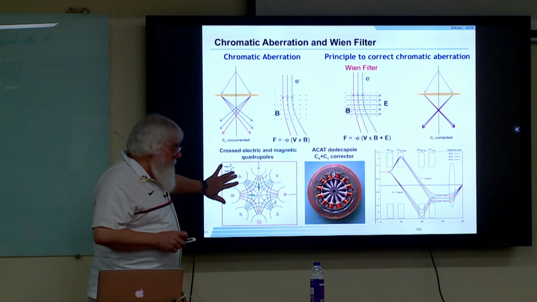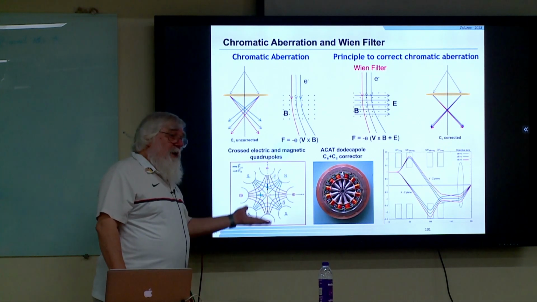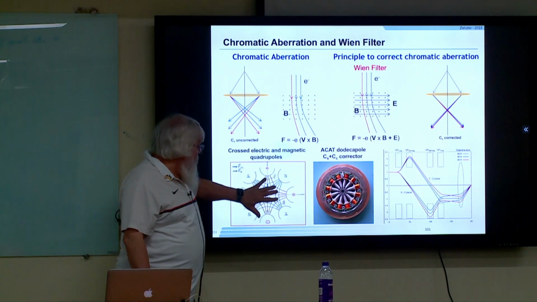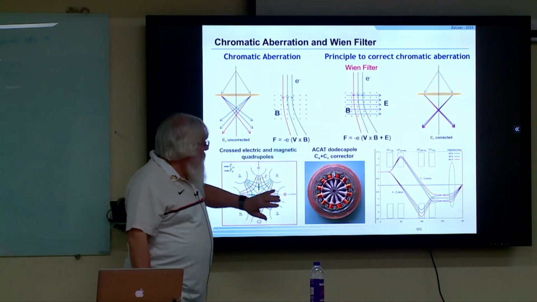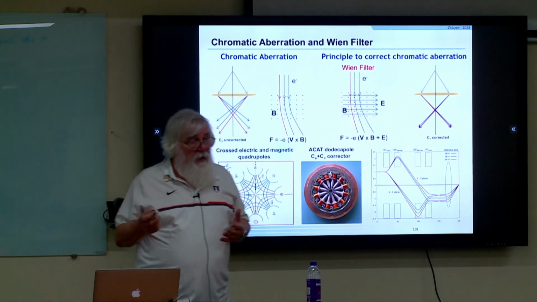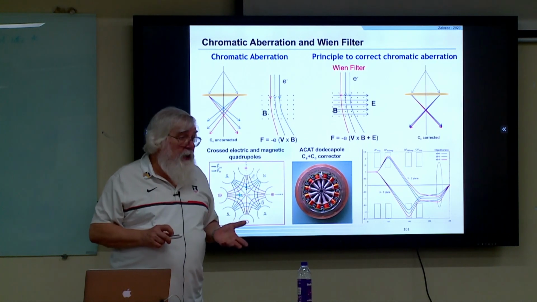In a chromatic aberration corrector, you not only have to correct spherical aberration, but now you also have chromatic aberration. And the only way you can do that is, in addition to having electromagnetic lenses, you have electrostatic lenses. Okay, so you have a combination. So it's both voltage, electrostatic lenses and electromagnetic lenses. And now you can correct both.